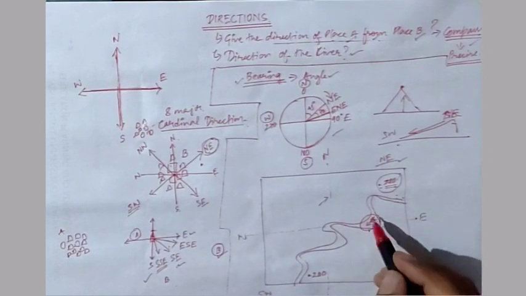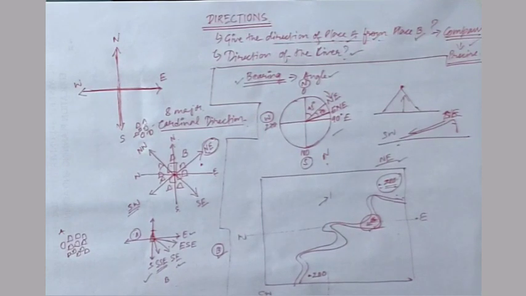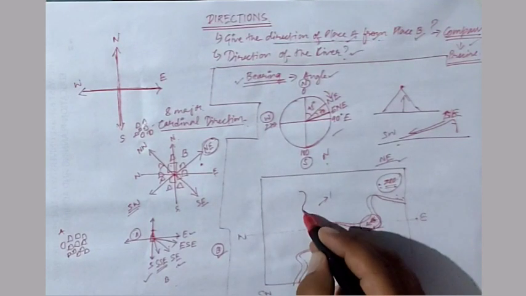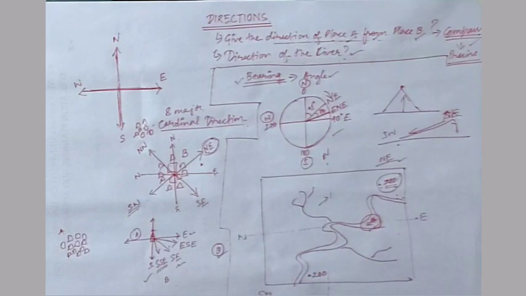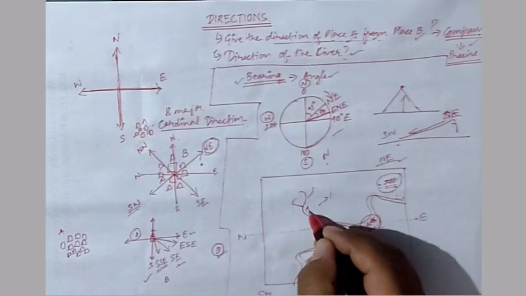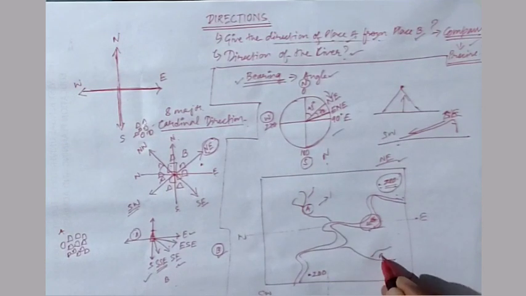Now sometimes another question will also come, because the river will also be joined by many other tributaries, isn't it? Supposing these tributaries are river A and river B. Sometimes the question comes: on which bank has the tributary, river A, joined the main river?